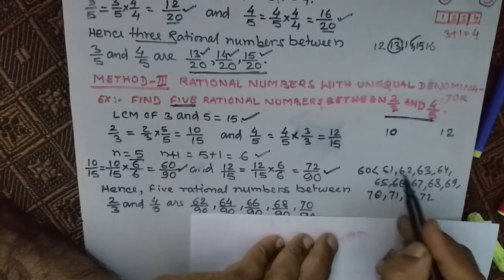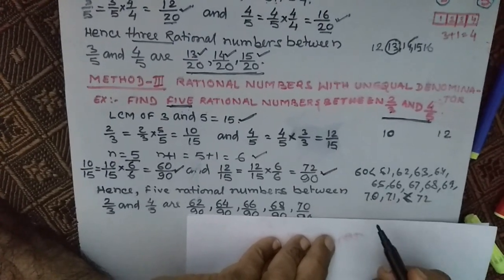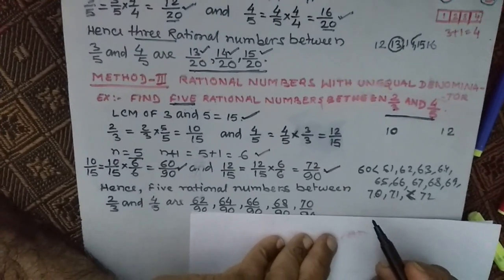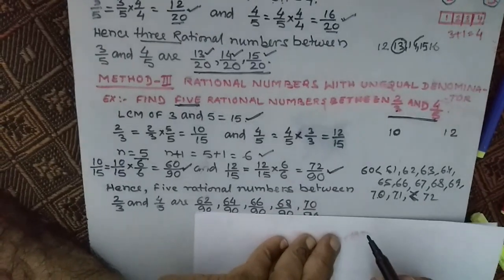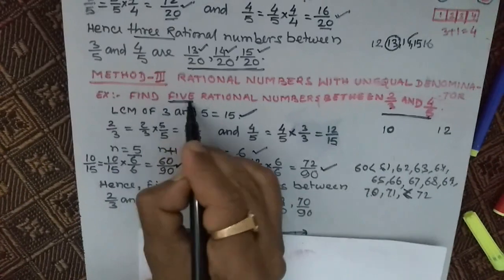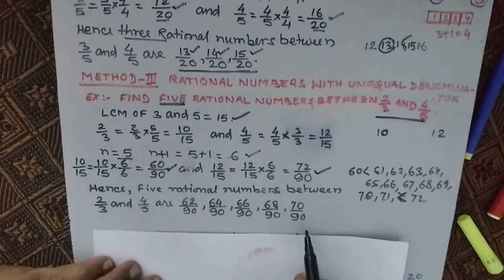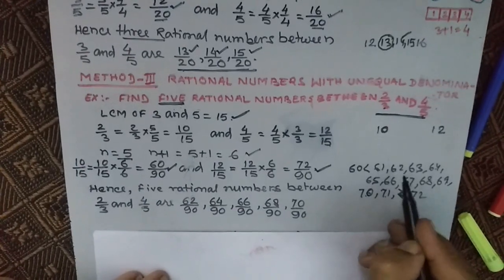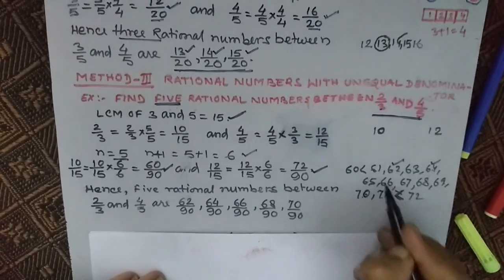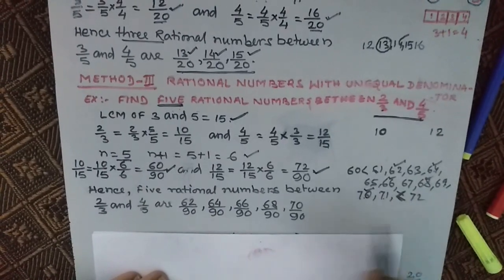There are 11 numbers, 1, 2, 3, 4, 5, 6, 7, 8, 9, 10, 11. But we have to write here only 5 rational numbers. Then I have taken only the even numbers, 1, 2, 3, 4 and 5.